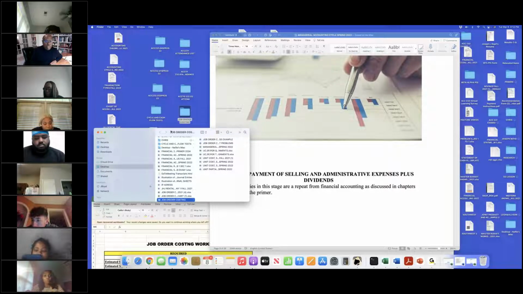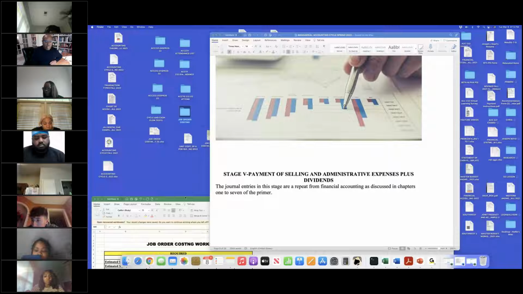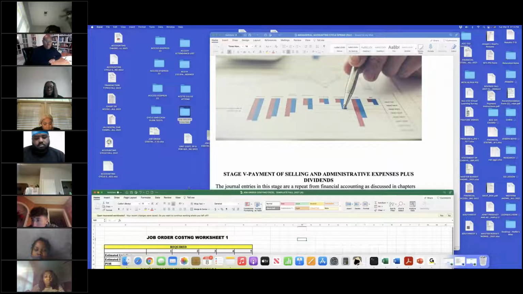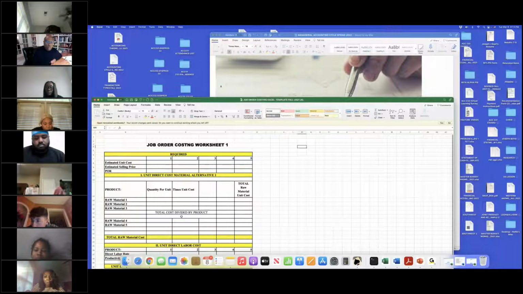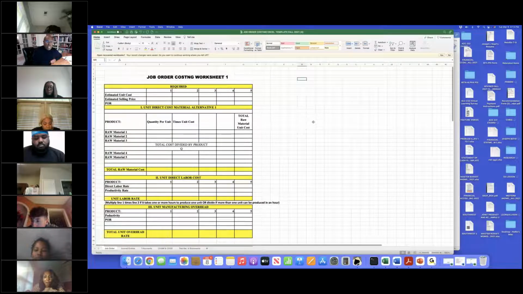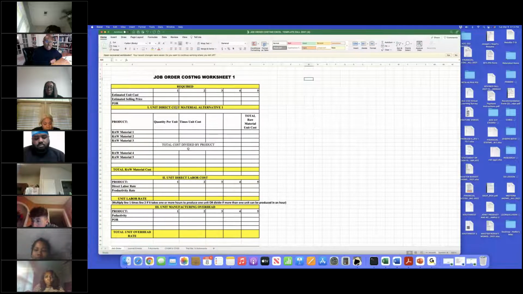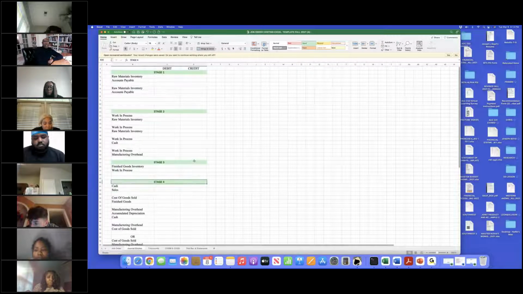Okay, let's look at our template that we're going to be working with. So when we work problems, the first thing we do is determine what the costs are: unit cost, selling price, PR. We only do one situation, so we only have one situation in the problem. Then we make the journal entries. Stage 1, here are our journal entries.